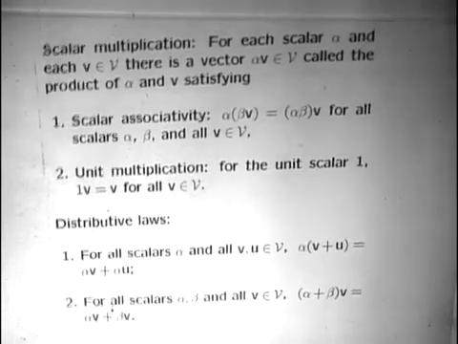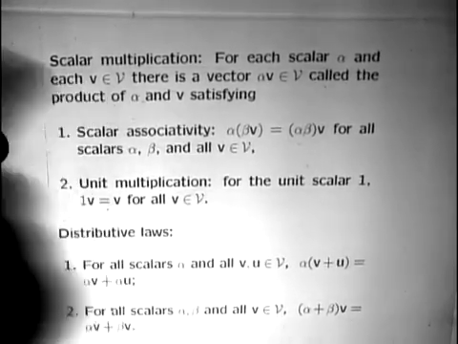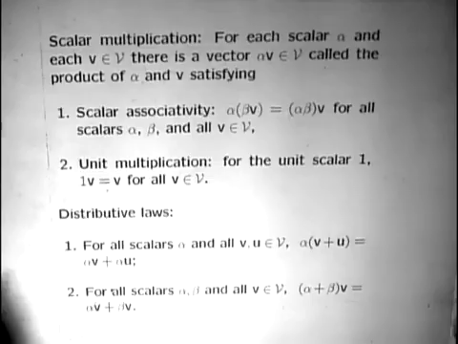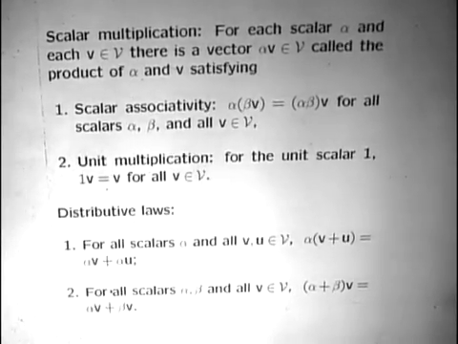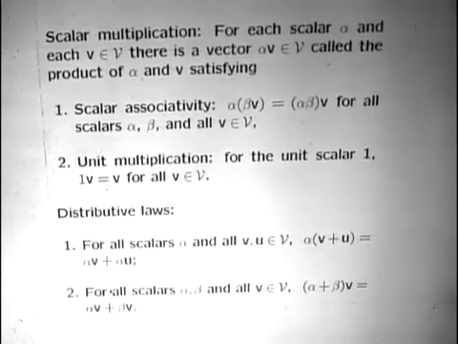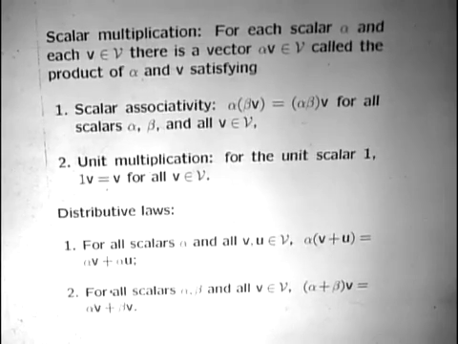Okay, so for every vector and also for every scalar, there's another vector which is the scalar times the vector, which means you have scalar multiplication. You can multiply vectors by scalars. In terms of n tuples, when you're multiplying a scalar by an n tuple, you just multiply every component by that scalar.